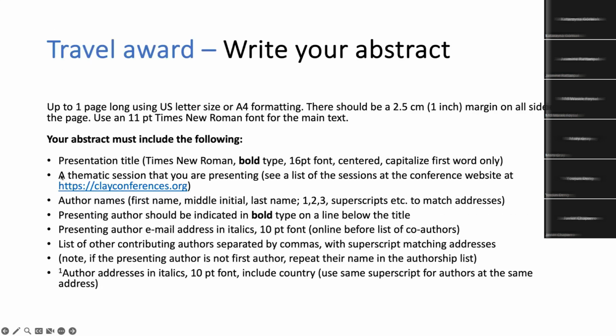A list below here includes, to highlight, the thematic session that you are presenting at the conference. If you go to the clayconferences.org website, you can see a list of the sessions, and then include in your abstract which session you're applying for. Again, you should review the details of the formatting.